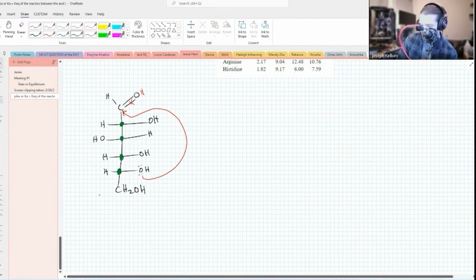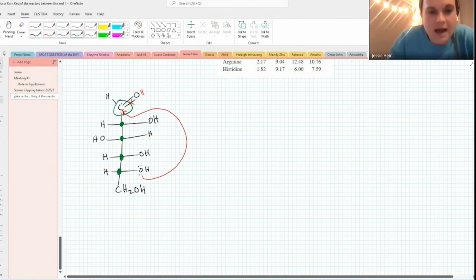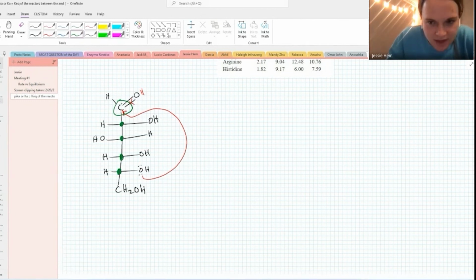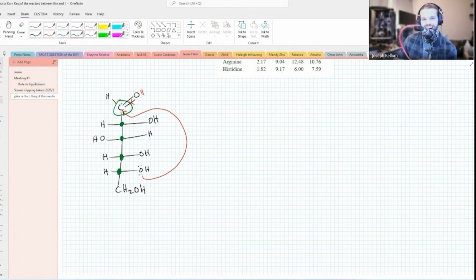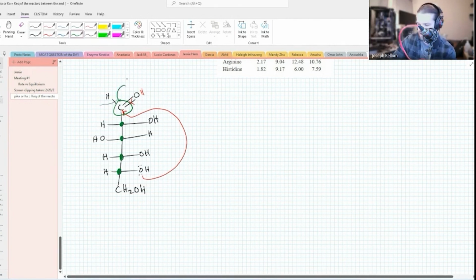However, whenever that attack occurs, it takes this carbon that wasn't chiral before and makes it chiral, because now it will be attached to 4 different things as opposed to the double bond. Depending on which side the attacking oxygen comes in on, we can have the R version of that glucose or the S version. This is the anomeric carbon, because it was not chiral and now it becomes chiral.